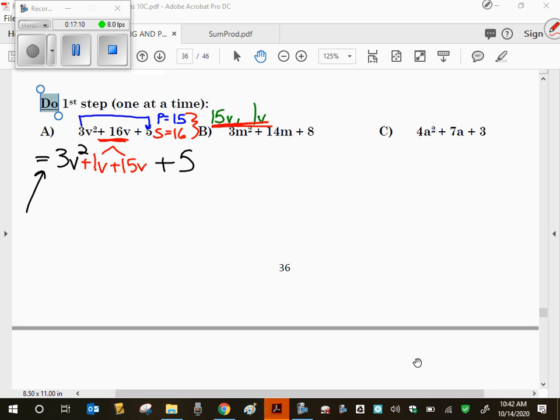Next step. Here's the hint. Slice and dice. Let's go really breaking this down. Everyone find the GCF of the blue terms.